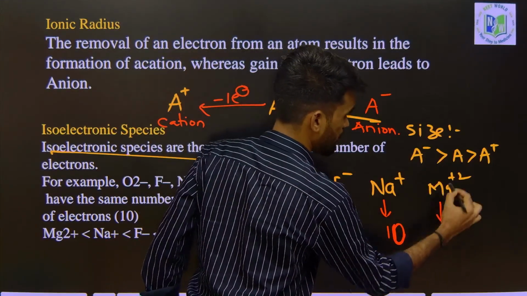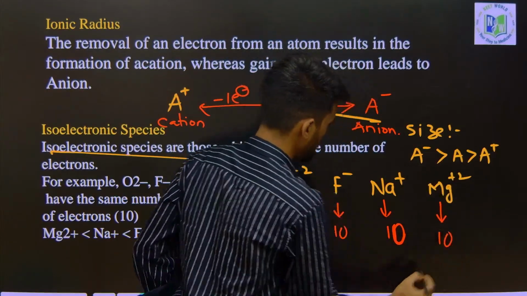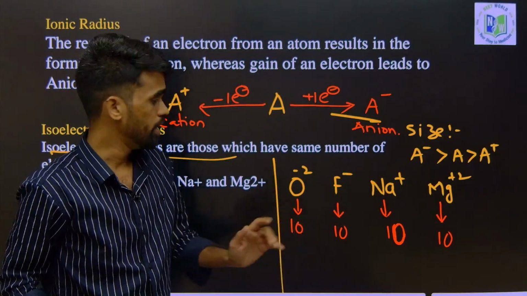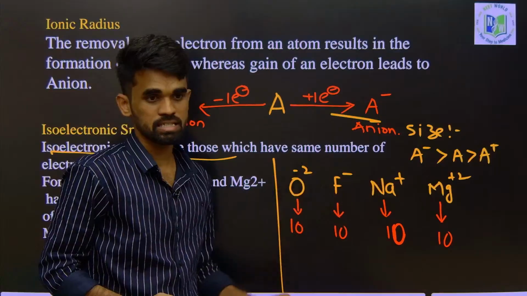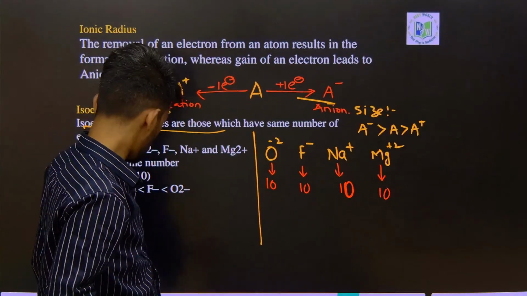Here 12 minus 2 electrons removed so that it becomes plus 2, so 10. So can I say these are isoelectronic species? Yes. Now we need to compare their sizes. Tell me which is larger and which is smaller. Arrange them in order.